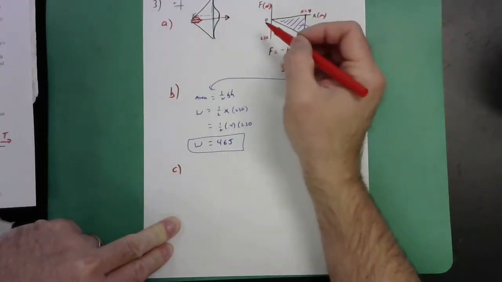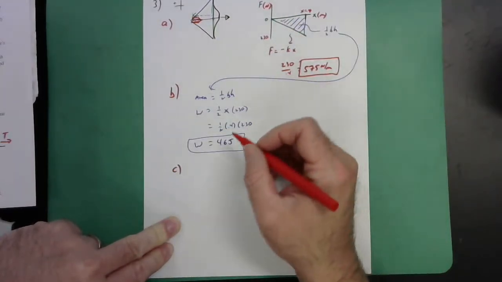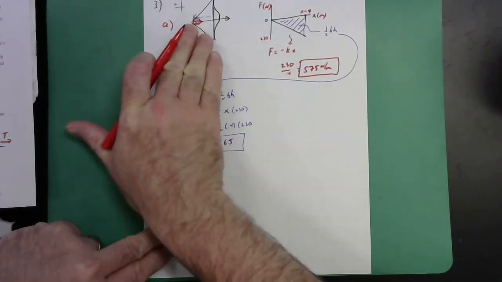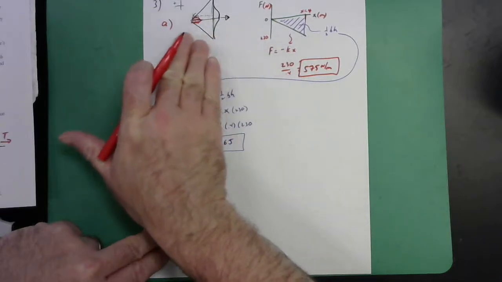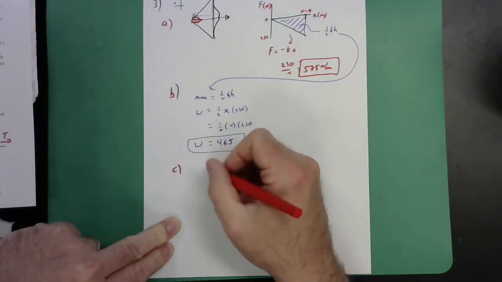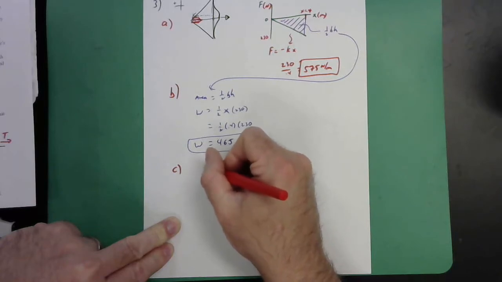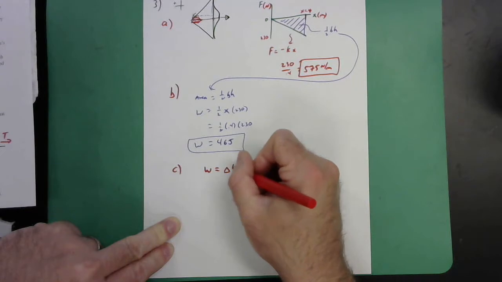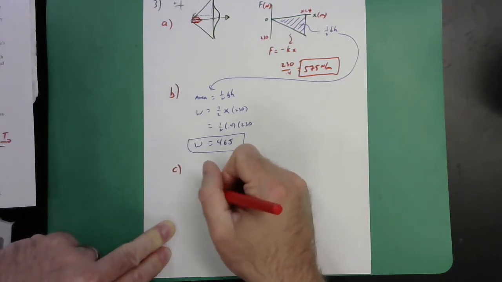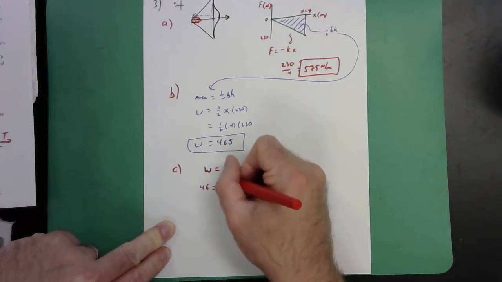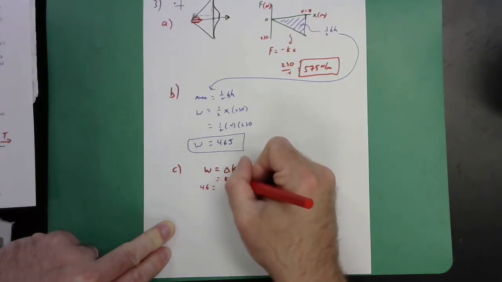The arrow will be going in this direction, and the force from the bow is going in that direction, so we're doing positive work, transferring 46 joules to the arrow. So that work done on the arrow is equal to the change in the kinetic energy of the arrow.